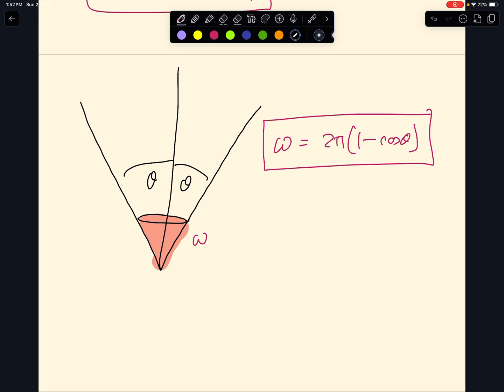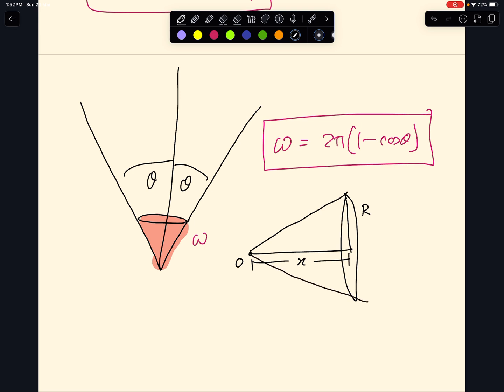For example, say there is a disc of radius r and say this is a distance x. Say this is point O. You can ask, what is the solid angle that the disc subtends at this point O? So what is this solid angle? Omega equal to this three-dimensional angle omega equal to. Now we first have to find out the plane angle, that means the semi-vertical angle of the cone.